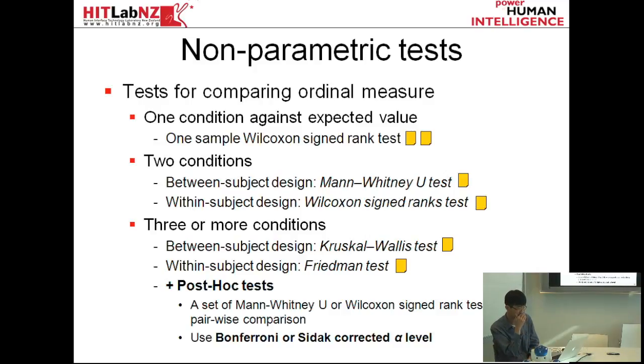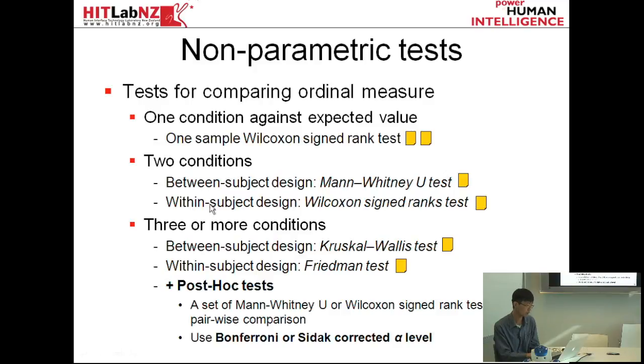There are similar sets of non-parametric tests that can be mapped one-to-one to the parametric tests as well. So let's say you're comparing ordinal measures such as Likert scale ratings or rankings between interfaces. If you're comparing two conditions, you can do either the Mann-Whitney U test or the Wilcoxon signed-rank test, depending on whether your study design is between-subject or within-subject.